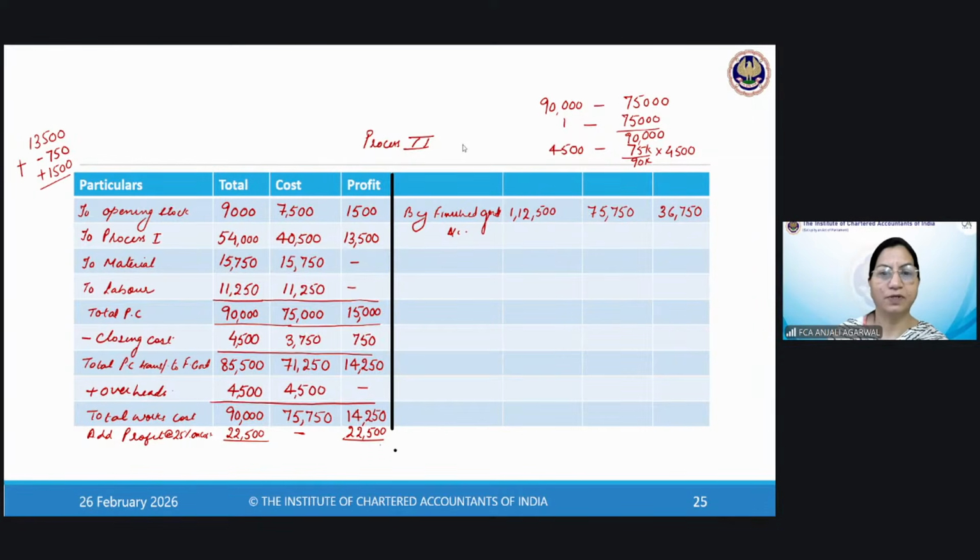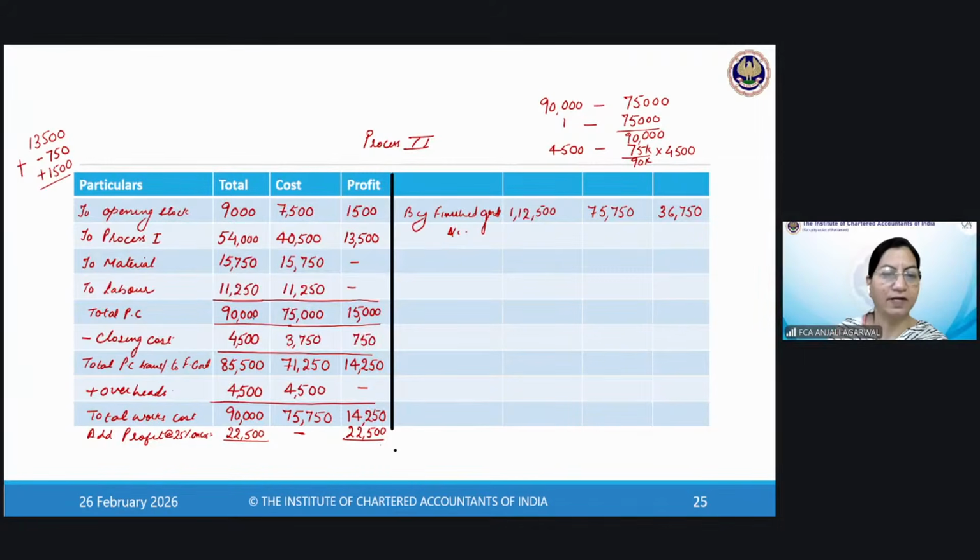Proportionate cost should be reduced in closing stock. Proportionate value. So just like we have the total of prime cost, which is 90,000, the cost involved in this is 75,000, and the profit element in this is 15,000, out of which 4,500 proportionate is the closing stock.